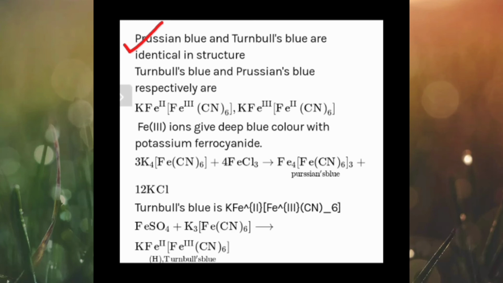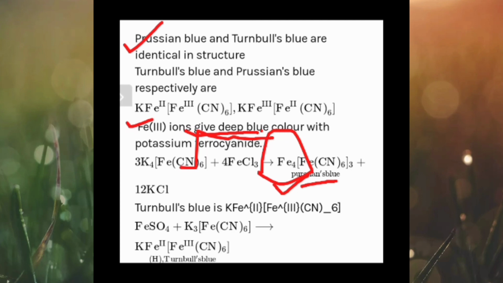The Prussian blue complex is prepared using Fe3+ salt with potassium ferrocyanide, and the complex formula is Fe4[Fe(CN)6]3.